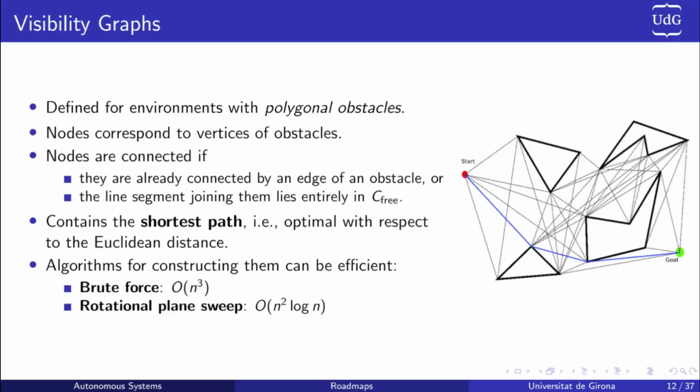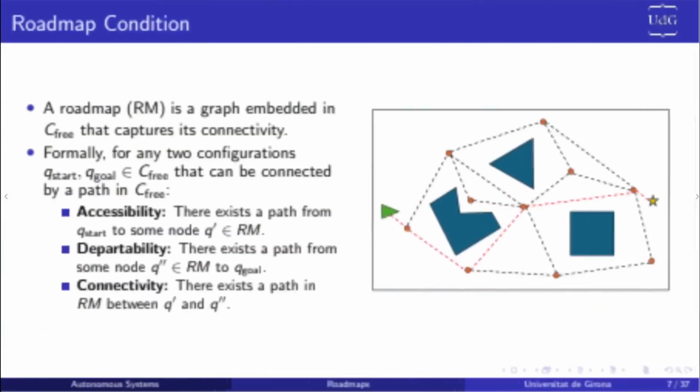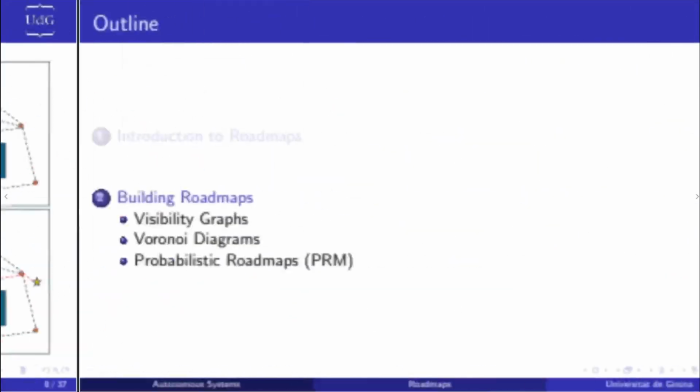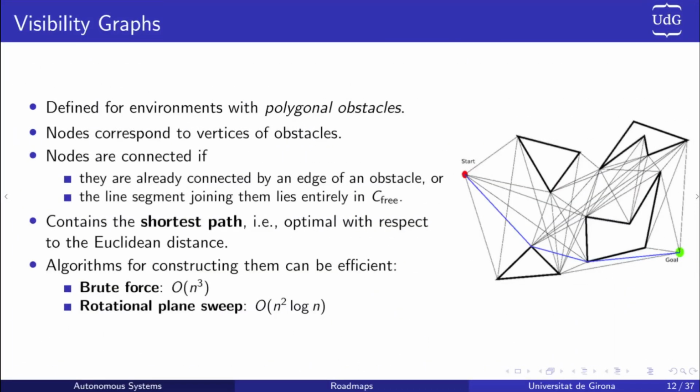Of course, we can first build the roadmap without those two. Then there will be plenty of roads that will disappear after checking the accessibility and the portability conditions, and then we create these extra paths.